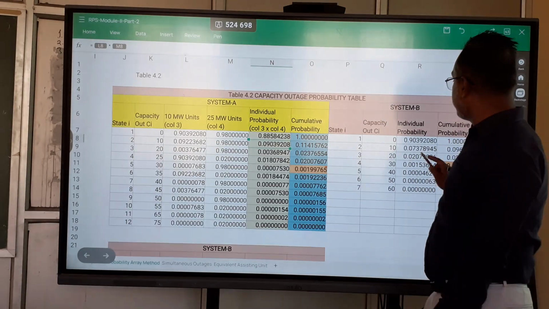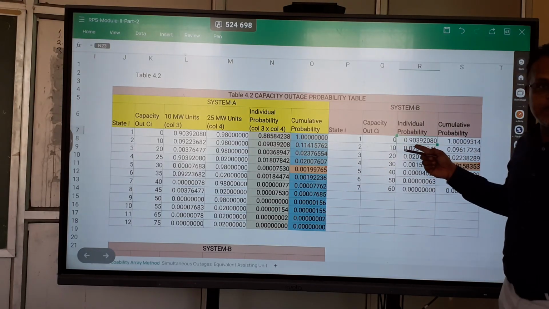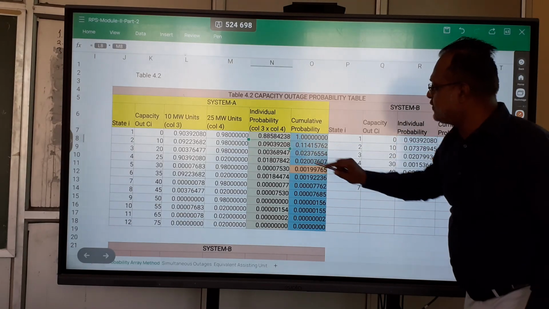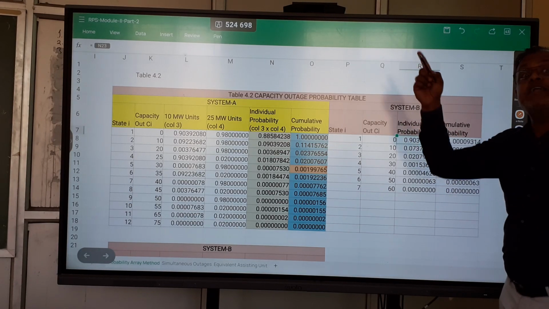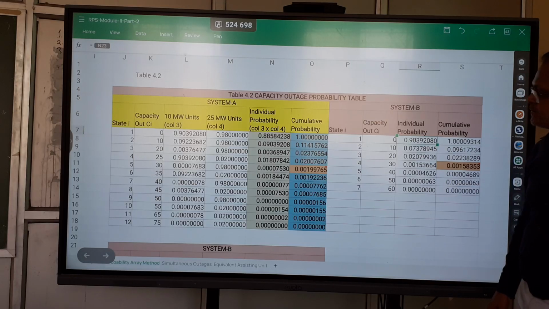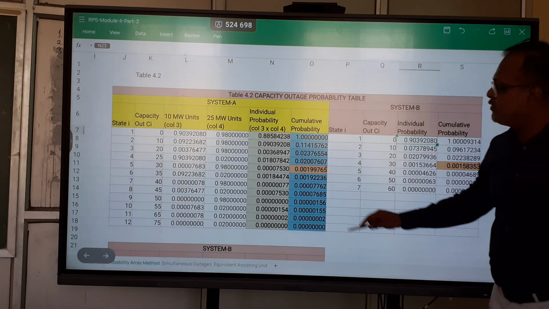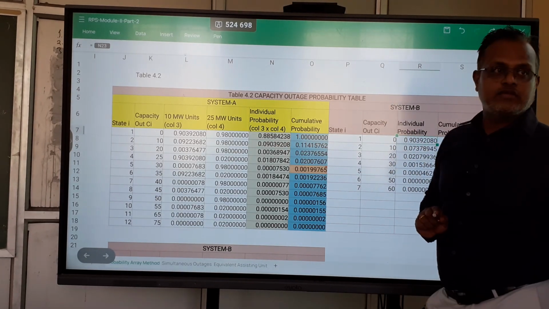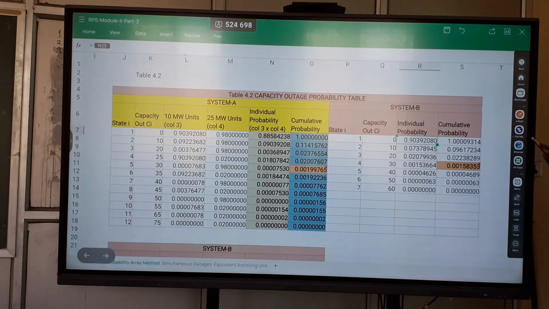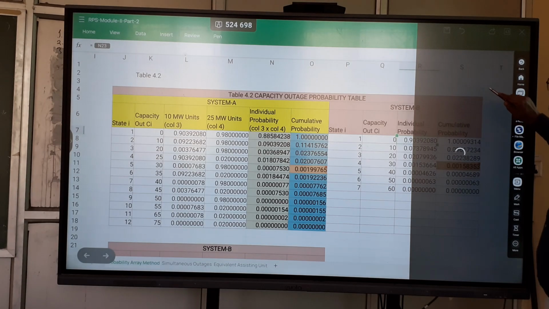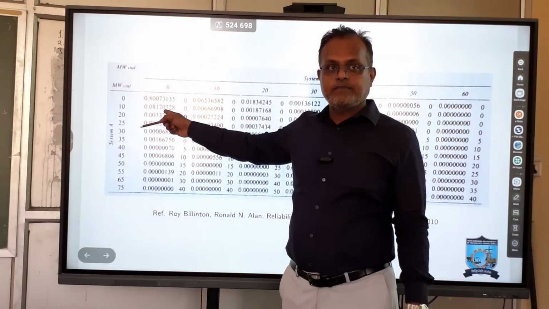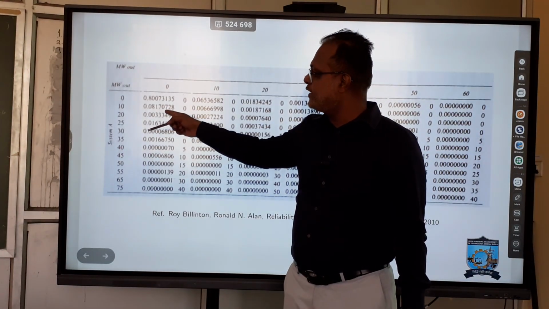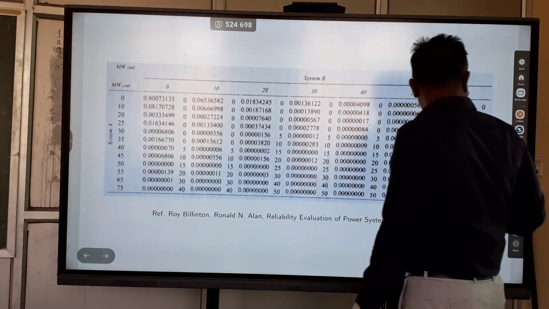And multiply that with 0.09039208, this with this, because we are considering 0 megawatt outage in system B, but 10 megawatt outage in system A. How much is that? If you multiply this with this, it is about 0.0817.